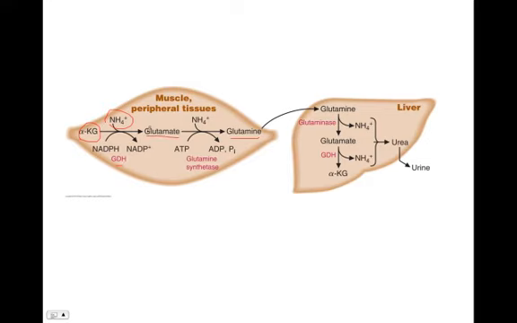This glutamate will be used to synthesize glutamine using glutamine synthetase. And this enzyme will fix another free ammonium onto glutamate, again to generate glutamine. Glutamine is then released from the peripheral tissues and will travel to the liver.